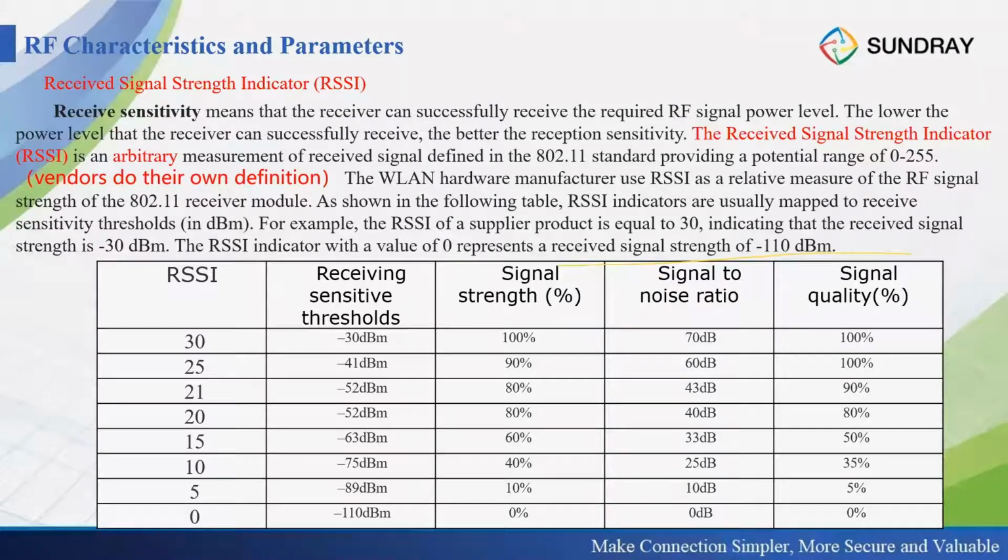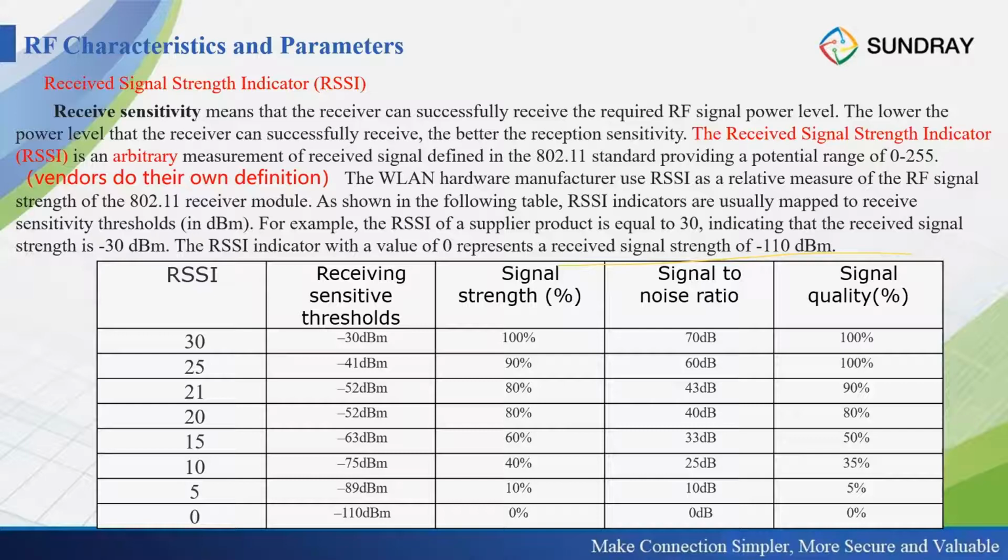RSSI is a standard defined by IEEE 802.11. It provides a range from 0 to 255, but it is an arbitrary measurement. The organization didn't give a specific definition for these indicators, for example the rates.